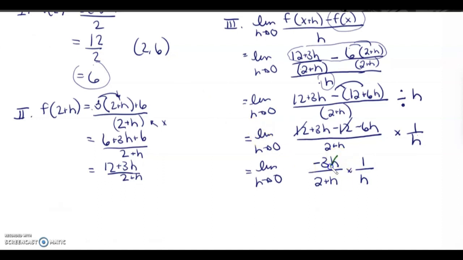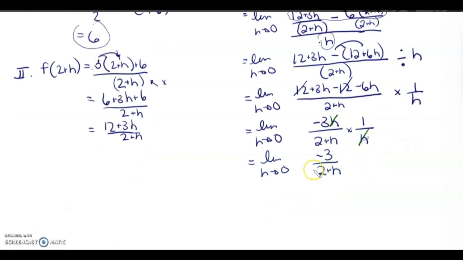So we can go ahead and cancel out the h in the numerator and the h in the denominator. If the h in the denominator, like this divided by h, does not cancel out, then you've done something wrong. So I'm writing out every step just for the lesson.